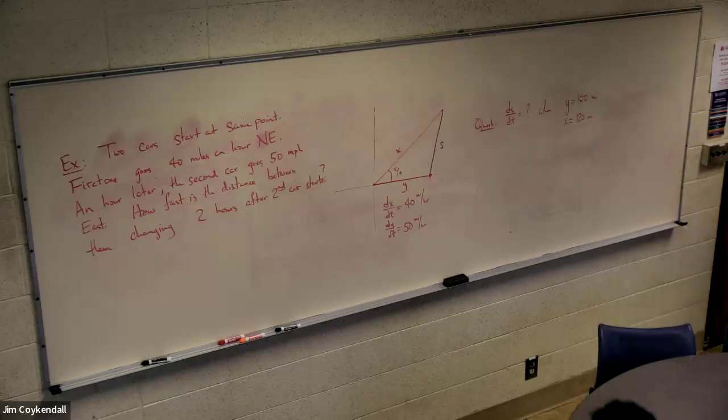Notice if theta, does anybody remember what the cosine of pi over 2 is? It's the cosine of a 90-degree angle. It's 0. Because if this angle is 90 degrees, this turns into the Pythagorean theorem, right?